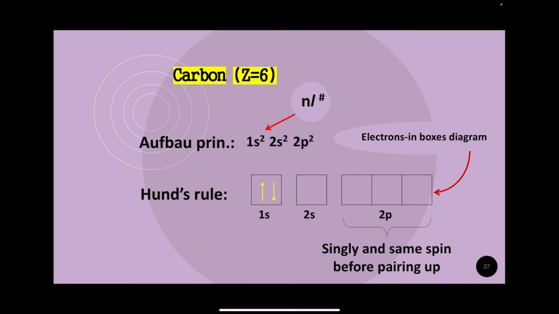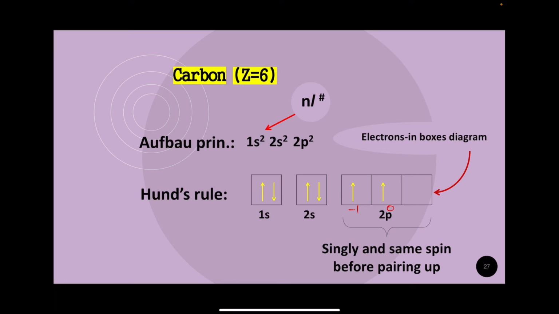Next, we fill up the 2s orbital, half positive, half negative. And then the remaining electrons we fill up in the 2p orbital, the first electron in the -1 orbital, and then the next in the 0 orbital.